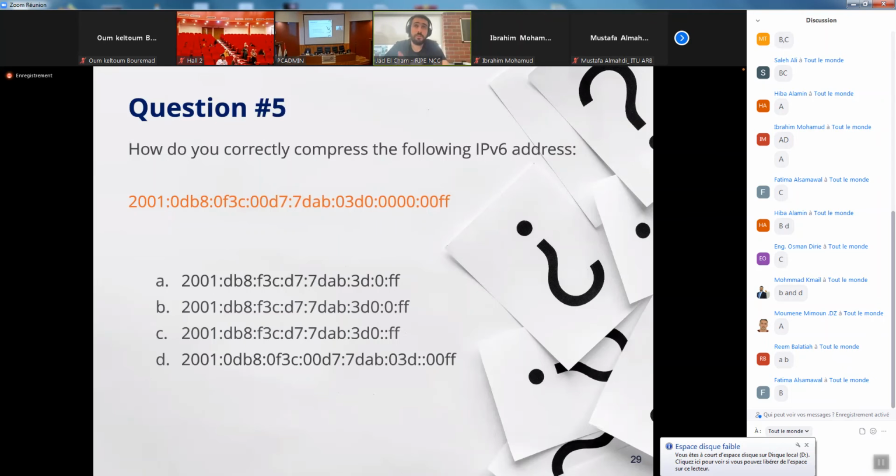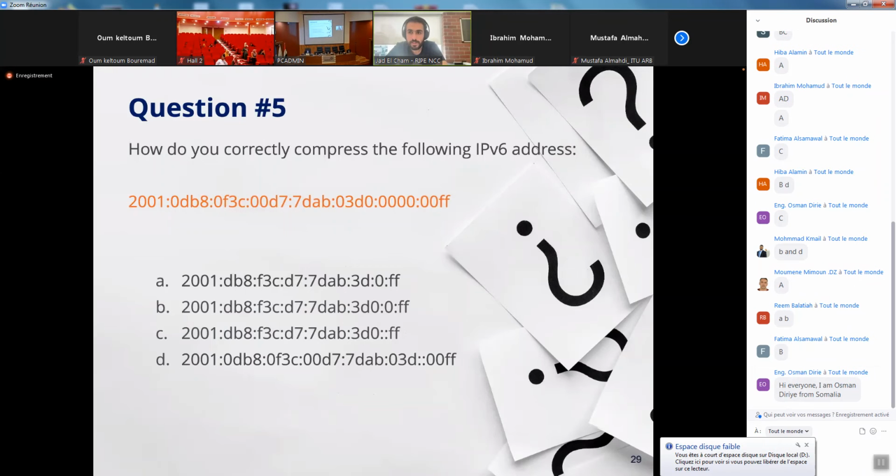Question number 5, how do you correctly compress this IPv6 address? I'll give you 10 seconds because now you're experts at this. Hello, Osman. So what do you think the answer to this question is? There are 2 correct answers.